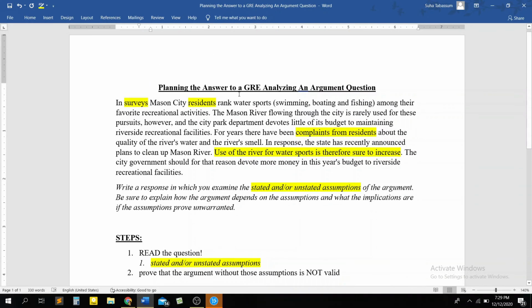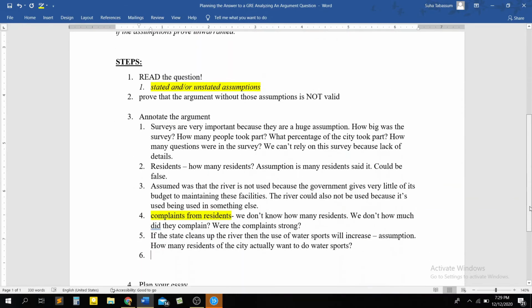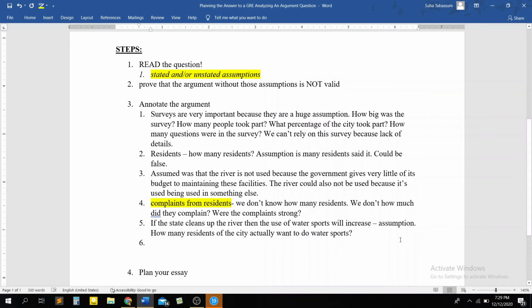So let's take a look here. They said that the residents rank water sports among their favorite recreational activities, but they didn't say anything about the residents wanting to actually take part in these sports. So even if the river is clean, many people may not come to participate.